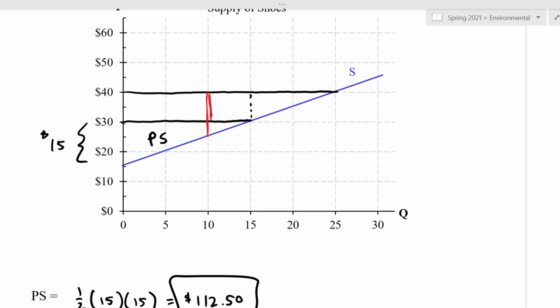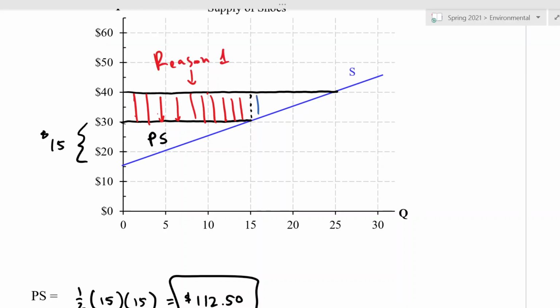Now at the lower price, they're only making 5, from 30 down to 25. So they were making 15, now they're making 5. Same thing here, somebody making a bunch, now they're making less and less. And so all of these people in this box have lost surplus. That's going to be lost due to reason 1.